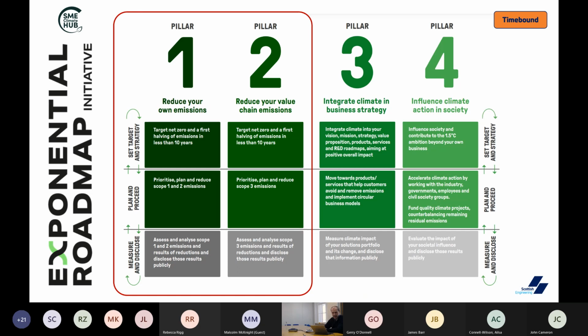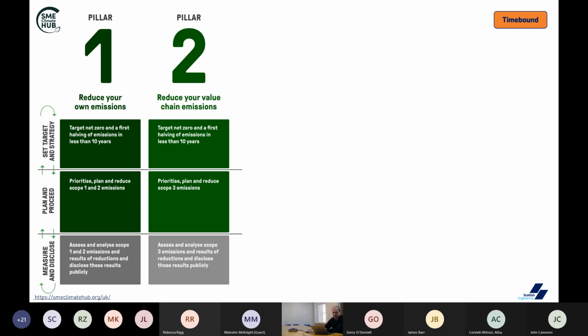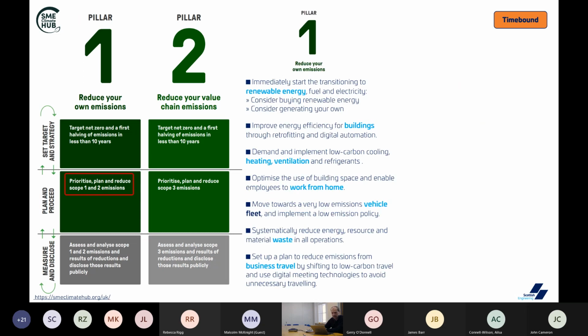The roadmap, again, is a live tool. It can be changed as you go. But what we would recommend is to start, at least on the short term and medium term of that roadmap, by focusing on Pillar 1 and 2. What does that mean? For Pillar 1, you prioritize, plan, reduce, review, measure, again time bound, think SMART, your scope 1 and 2.